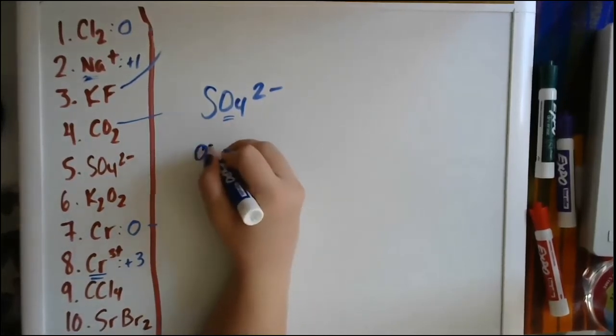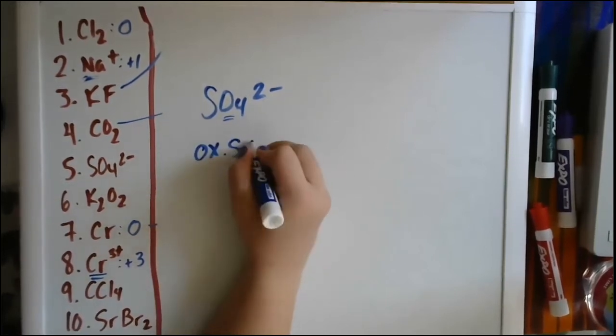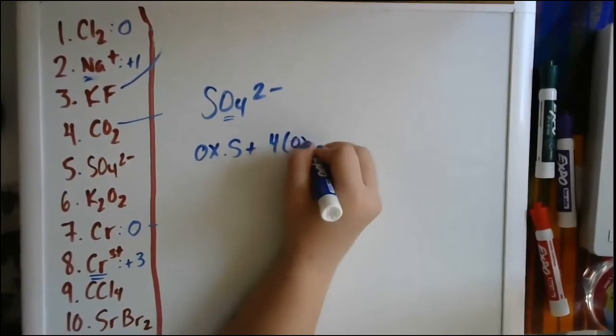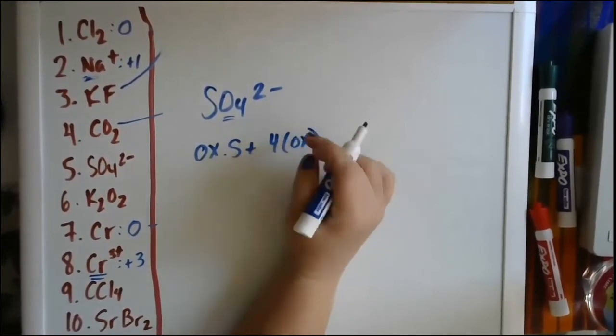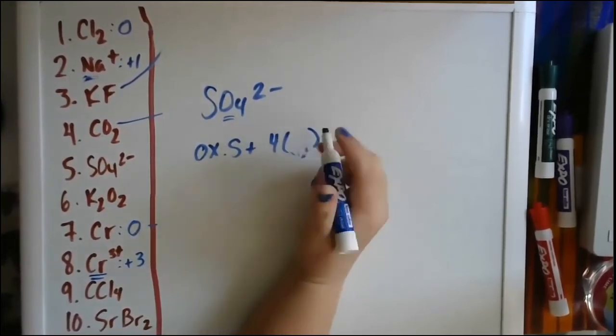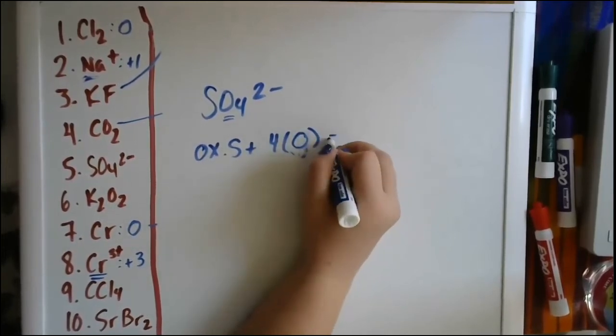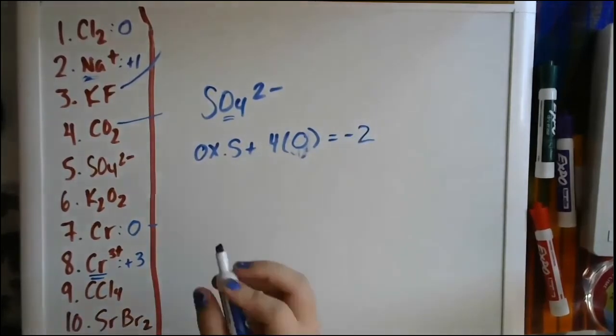And we will set it up like this: the oxidation state of sulfur plus 4 times the oxidation state of oxygen. That's going to equal -2.